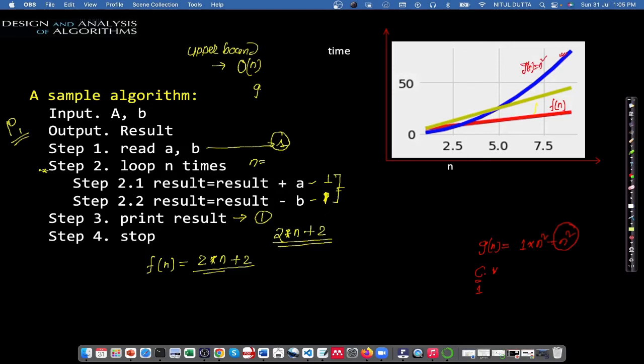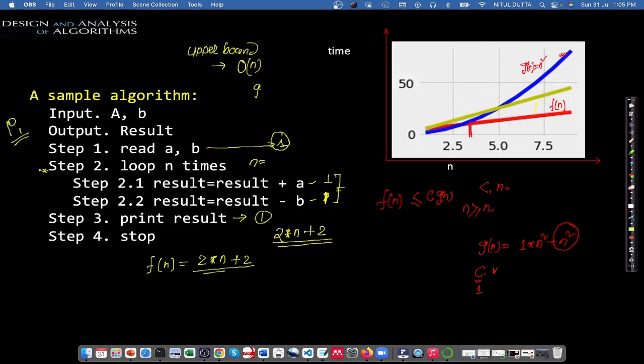Now the condition was that f(n) should be less than or equal to c multiplied by g(n) for some values c and n naught, when n is greater than n naught.